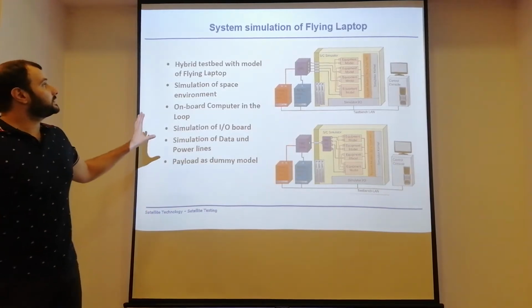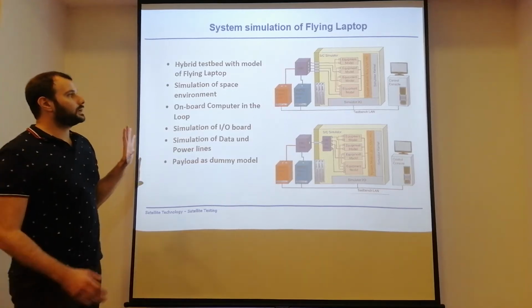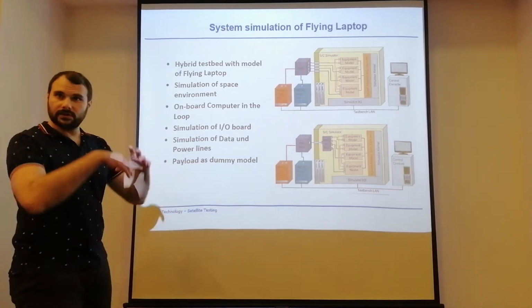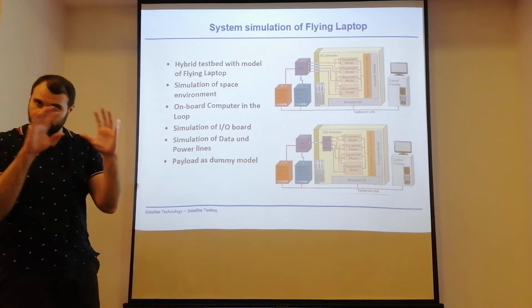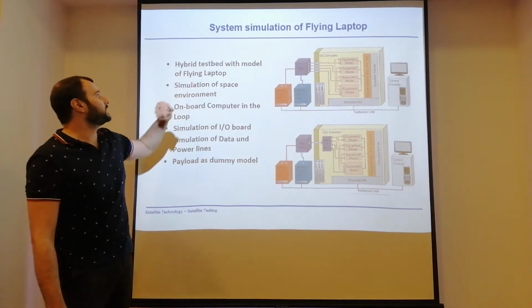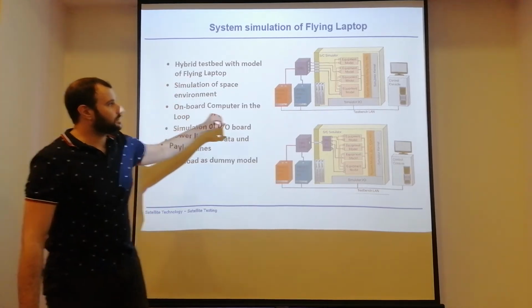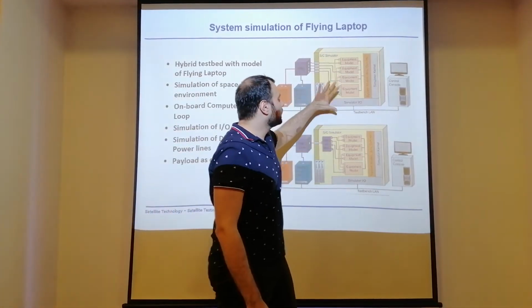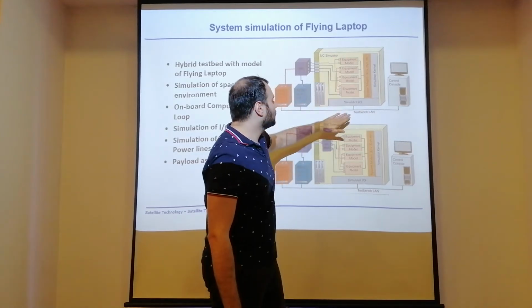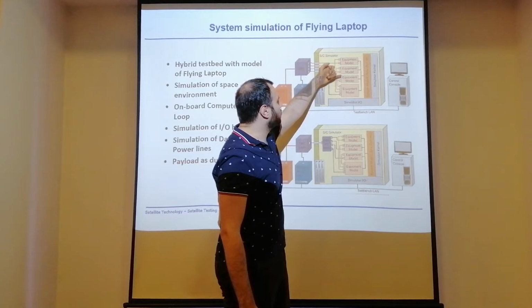The first test is the system simulation of Flying Laptop. In order to do the system simulation, so how will the satellite behave in general as a unit, we use a hybrid test bed with a software model of Flying Laptop. So we have the simulator with different inputs and outputs and a kernel, and then you have equipment models.